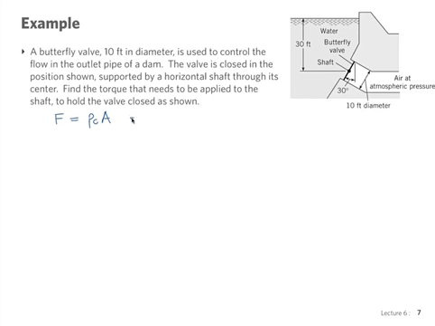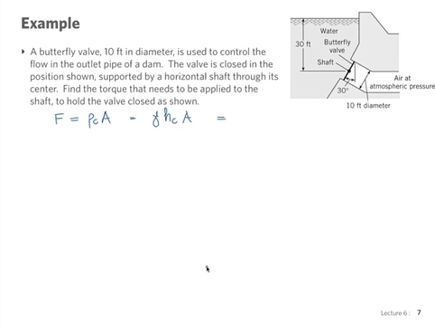So this is gamma h at the centroid times area. The only nasty thing about this example is that we're not using the metric system, and so we have to find the value of gamma in British gravitational units, which, unlike the one in the metric system, we don't have memorized.